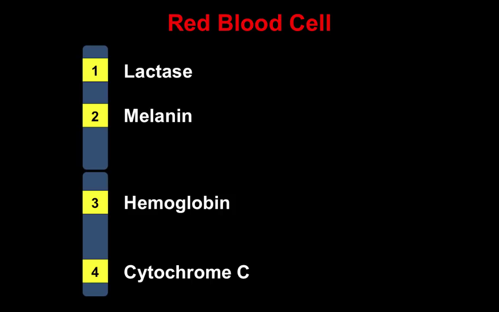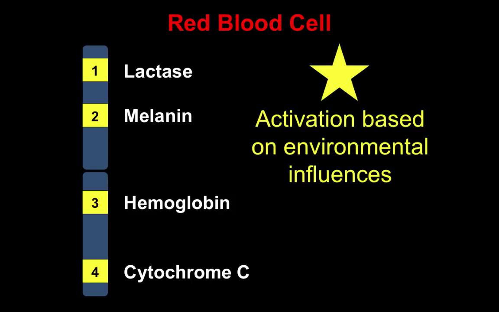So in a red blood cell, it has the genes for lactase, which is used to break down sugar, melanin, that's what colors your skin, hemoglobin, cytochrome C, and based on environmental influences, it's going to activate only the genes that it needs.